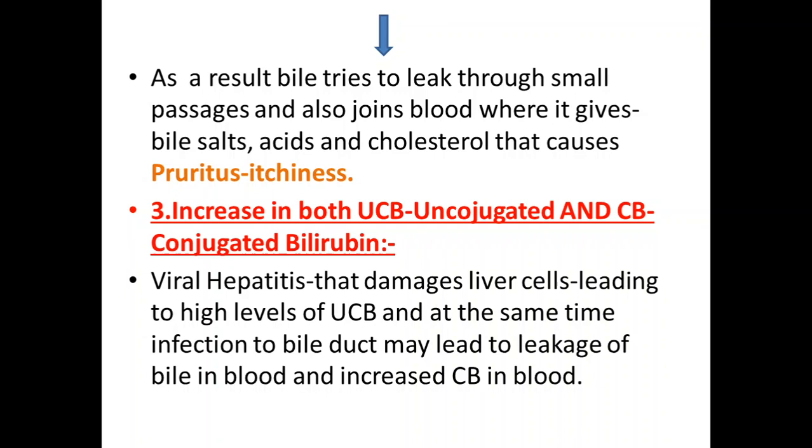They get deposited and hence yellow color is seen, and hence the disease is also called yellow disease. So this is all about what jaundice is, how it is caused, and its possible pathophysiology. Thank you.